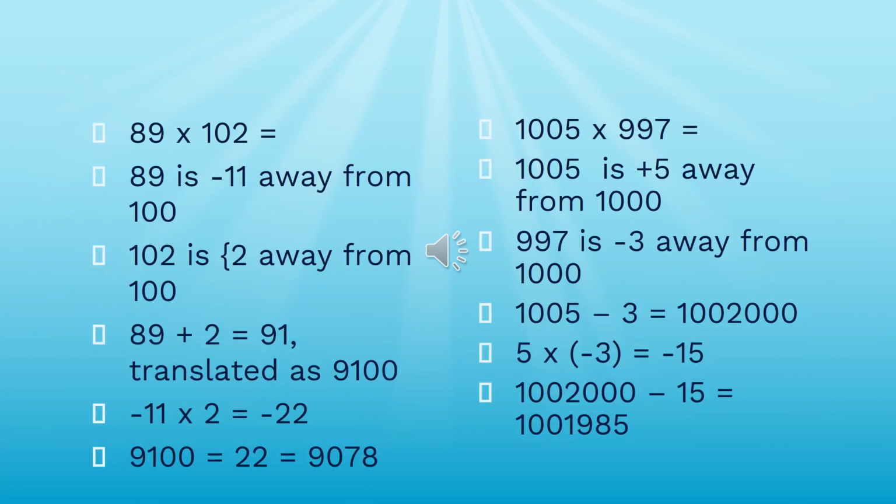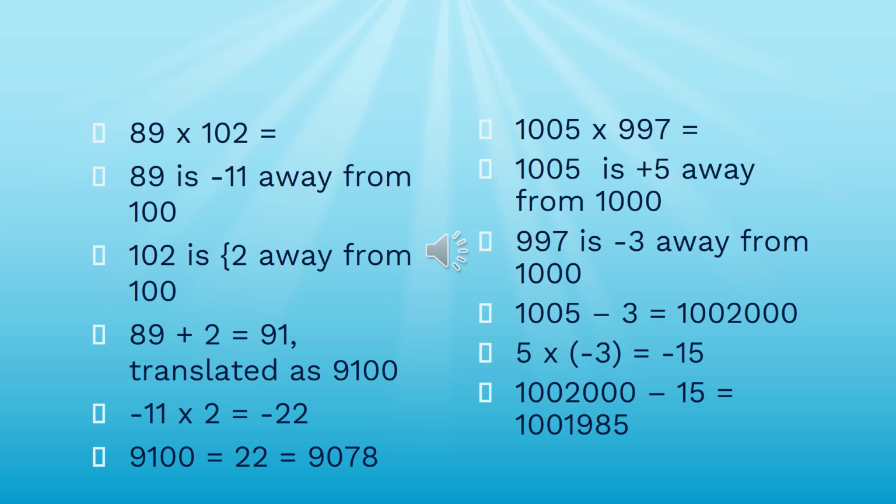To understand this trick better, I have here additional examples. It's 89 times 102. 89 is negative 11 away from 100, and 102 is positive 2 away from 100. Next, I will do cross addition. That's 89 plus 2, which is equal to 91.